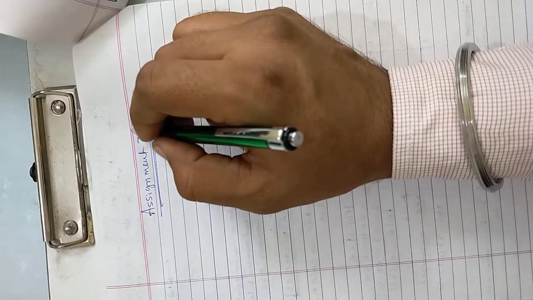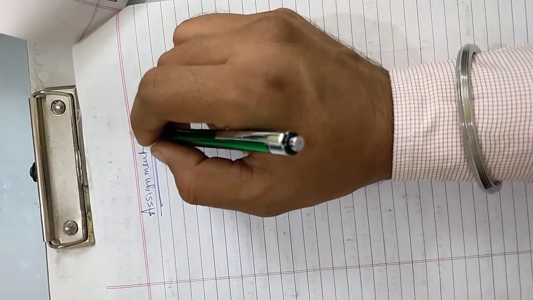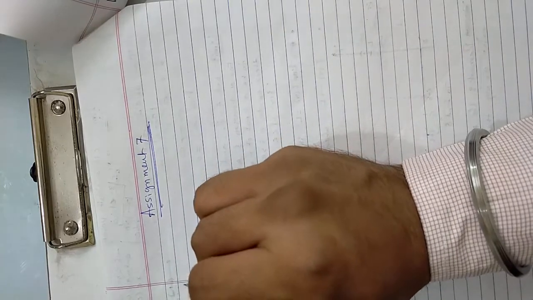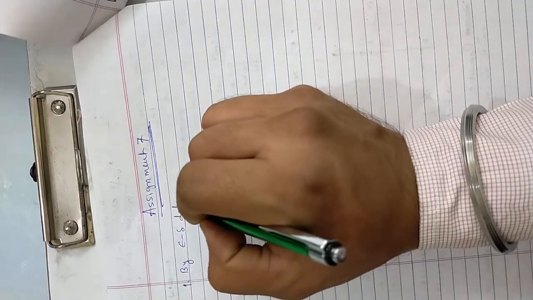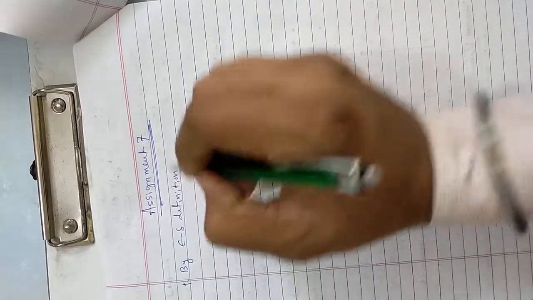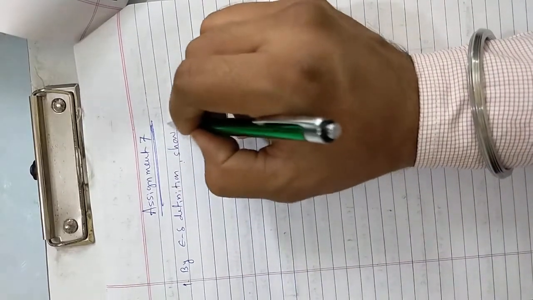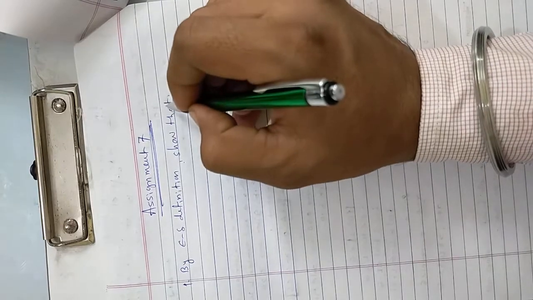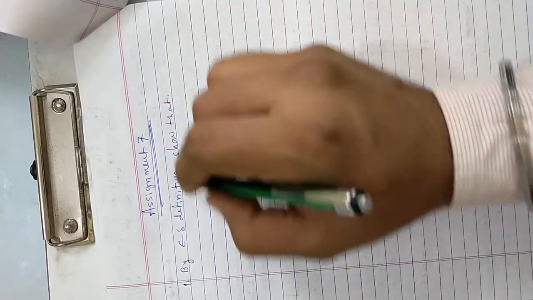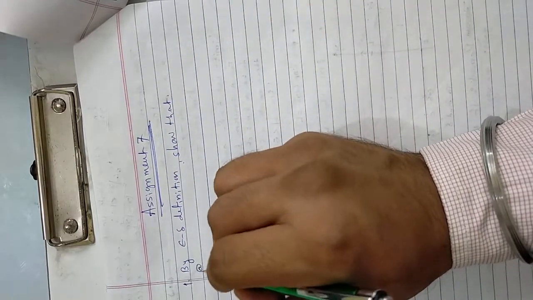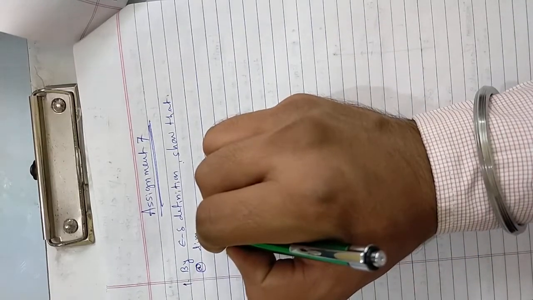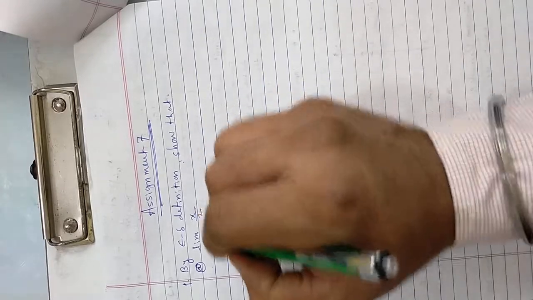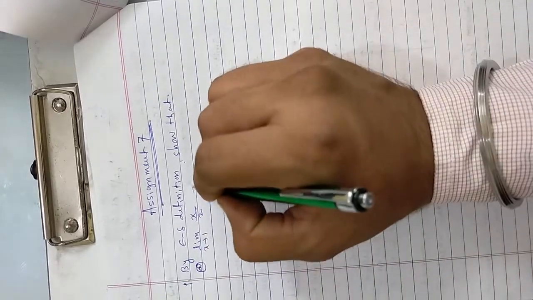The assignment is that by the epsilon delta definition, show that number 1, limit of x by 2 when x tends to 1 is half.